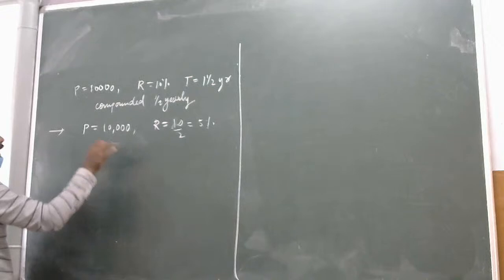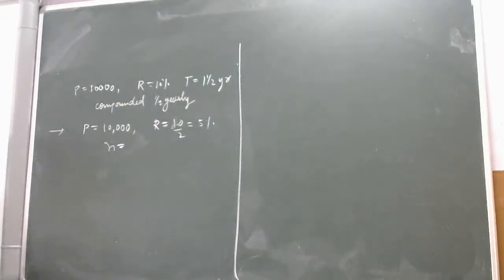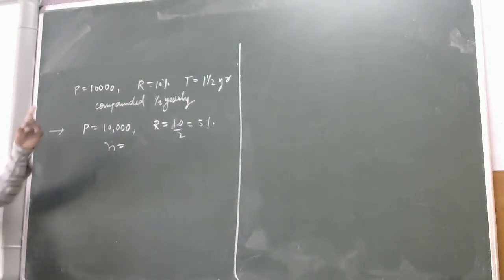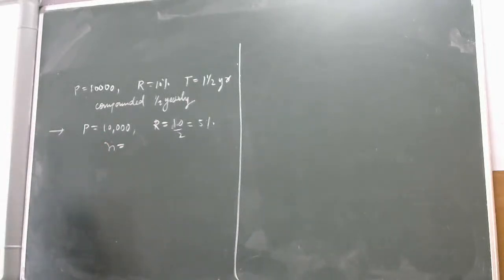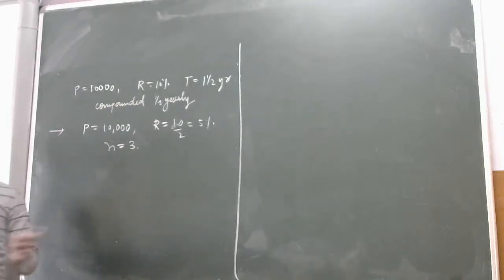And the time period, the value of n you have to find here. We have to see in 1.5 years how many half years are coming. 3. So the value of n will be 3. So these values you have to use there.